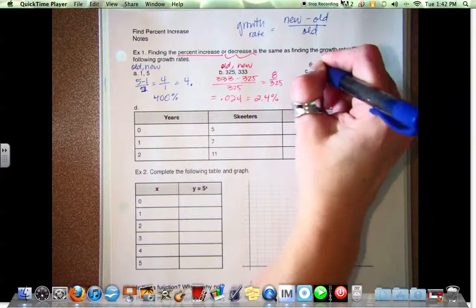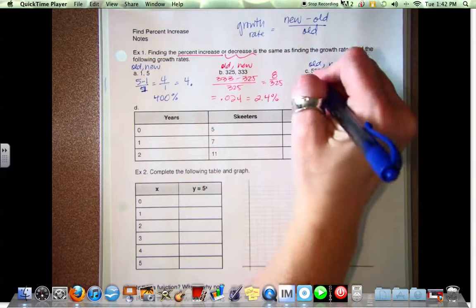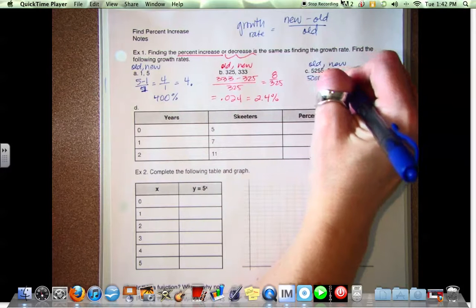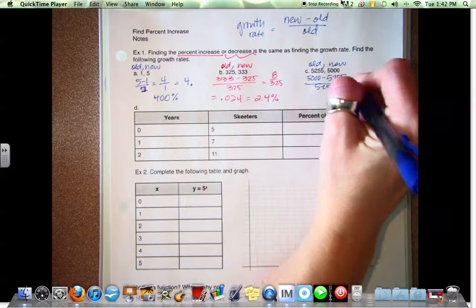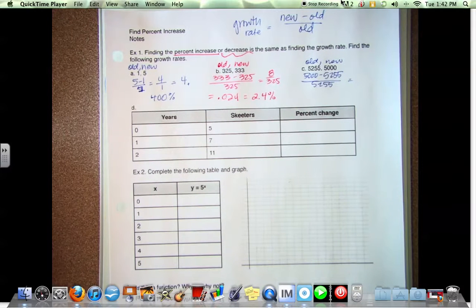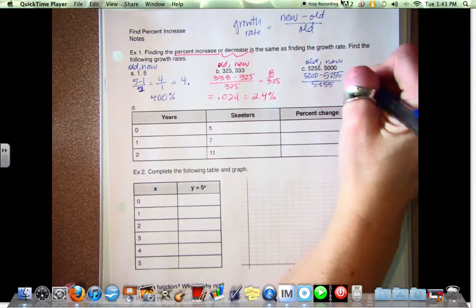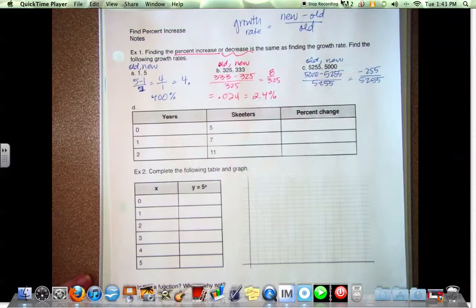C, we have old and new. So we have 5,000 minus 5,255 divided by 5,255. So what do we have in the numerator? No, it's a negative. Negative 255. Okay, divided by 5,255.